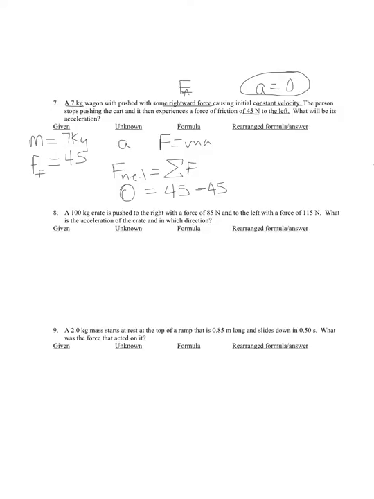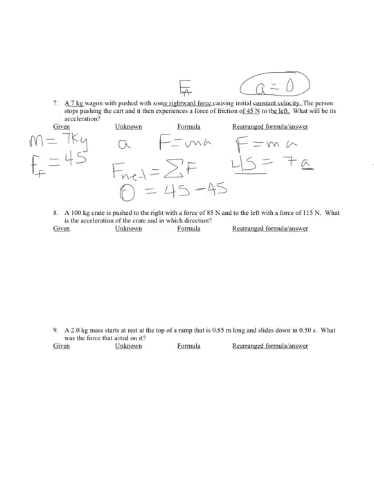And if I know that my opposing force is 45 newtons, then all I would have to do is plug into my equation F is equal to ma if I want to find my acceleration. 45 is equal to 7 times a. I'm looking for the actual acceleration due to friction in the opposite direction, going to the left.